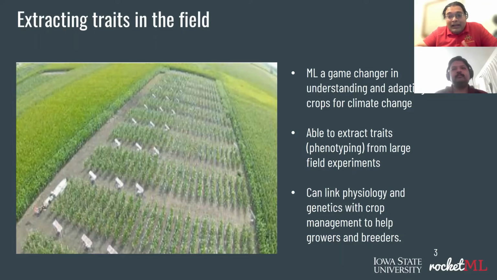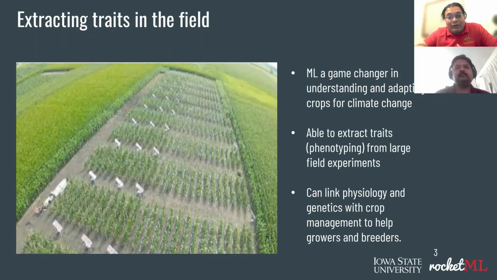So the ability to figure out what is happening at different parts of the growth cycle can transform agriculture, and until now it has been impossible to do without machine learning. Machine learning has been a step change, a transformer in terms of our ability to extract traits, and that's what we call phenotyping, and that's the title of the application, especially in large field experiments.